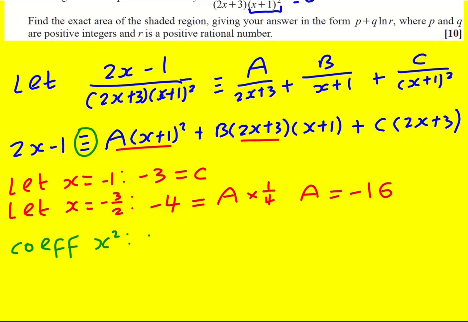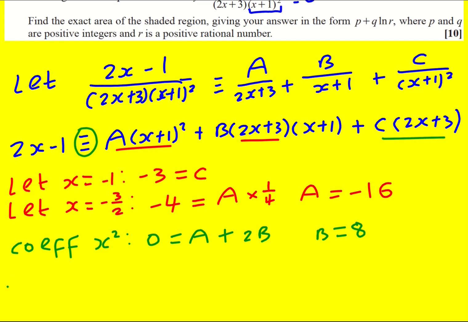On the left-hand side, there's nothing, so it's just 0. And over here, I've got an ax squared when I expand this bracket, so the coefficient is just a. And over here, I'm going to get 2x times x, 2x squared times b, so I'm going to get 2b as my coefficient of x squared. Very, very quick, there's no coefficient from the c. And remember, we know that a is -16, so b is going to equal 8.